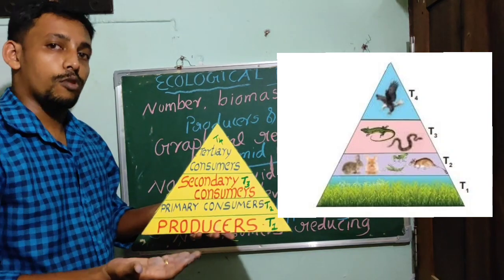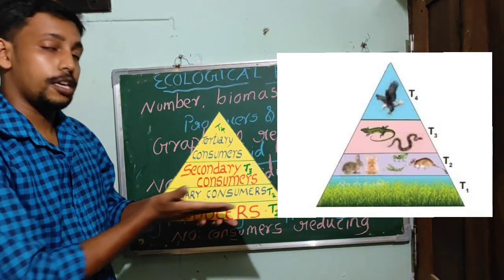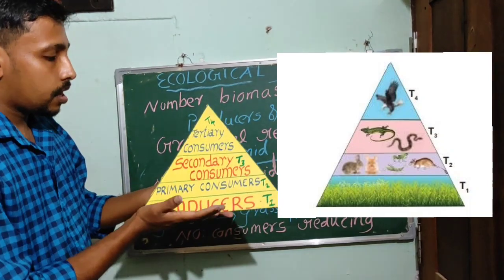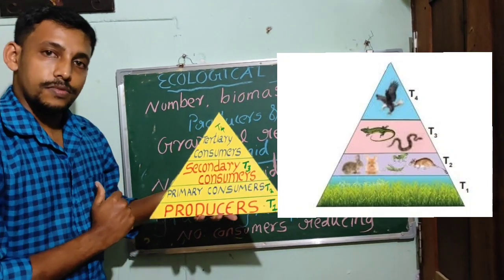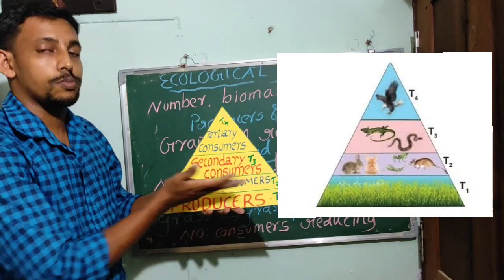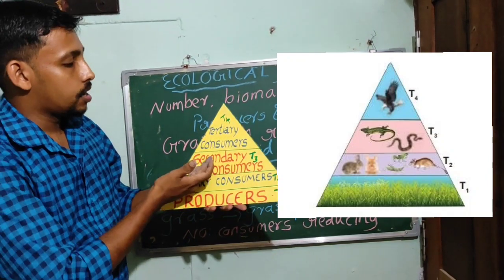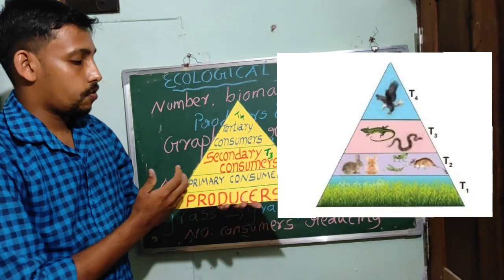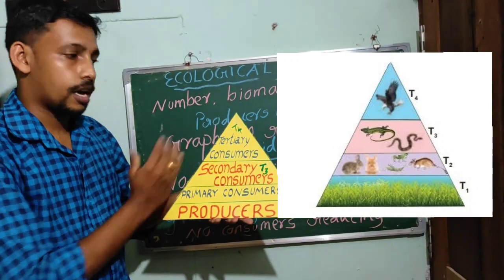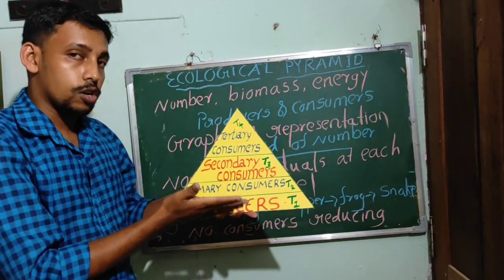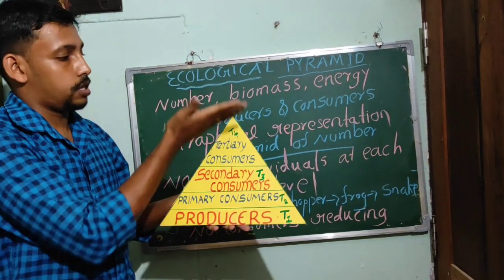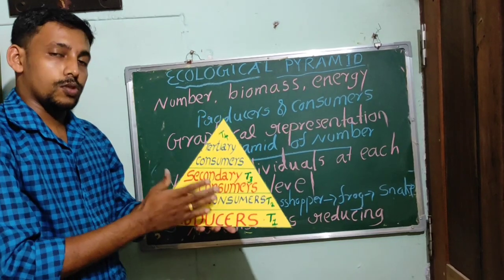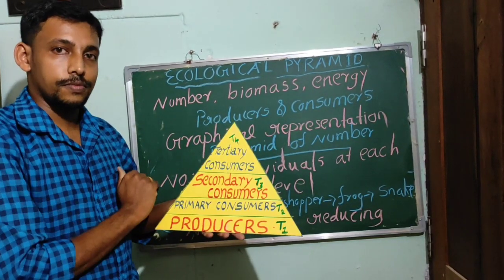A larger number can be seen at the base. Then the number of primary consumers may be less than the producers. Here the number of secondary consumers may be less than the number of primary consumers, and so on. So when we go from base to the top, the number of consumers is reducing.